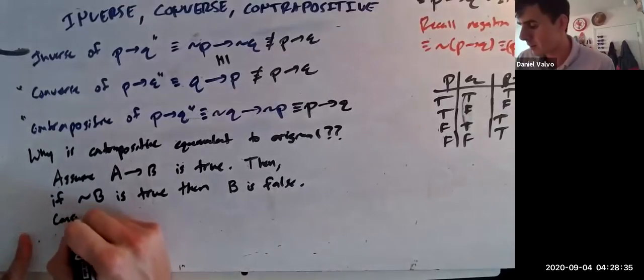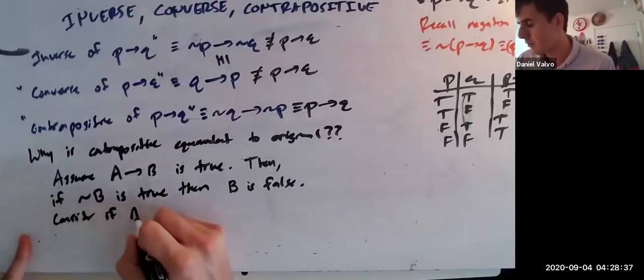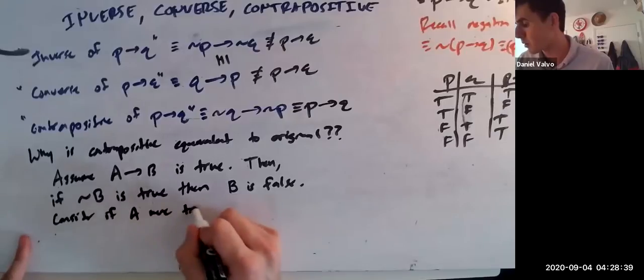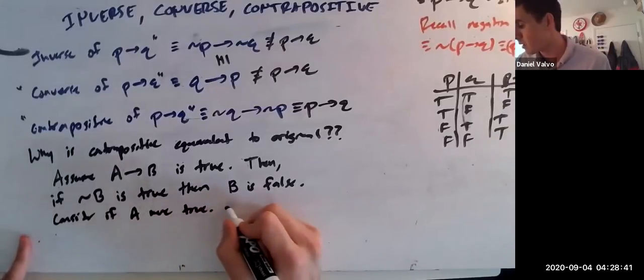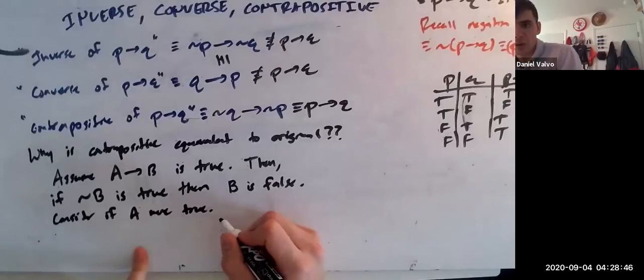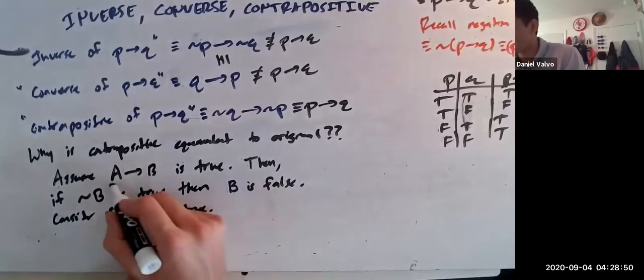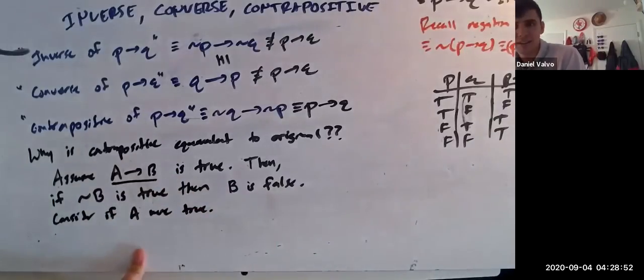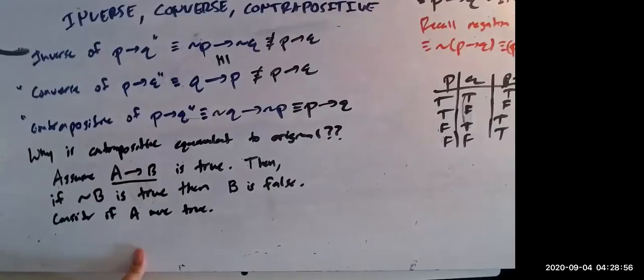But now let's think about this. Consider if A were true. So let's consider for a second if A were true. If A were true, what do we know about B based on this? B also has to be true. No, you're totally right.